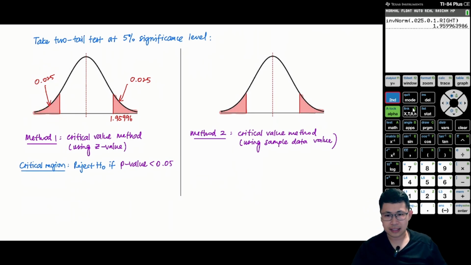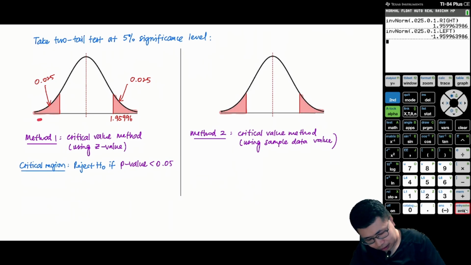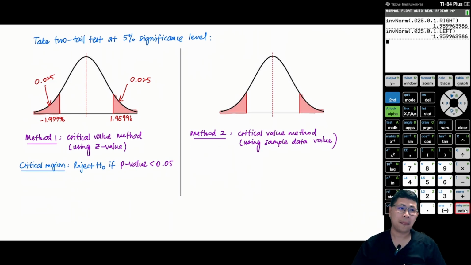On the other side, using this area and doing the left tail, I'm trying to get this value over here. Same thing, I can do inverse normal and look at the left tail. I will get negative. Also because it's symmetrical about 0, you see that actually one is plus, one is minus. Now on another note, if you don't want to use left and right, you notice that because they're symmetrical, technically we can use the center.